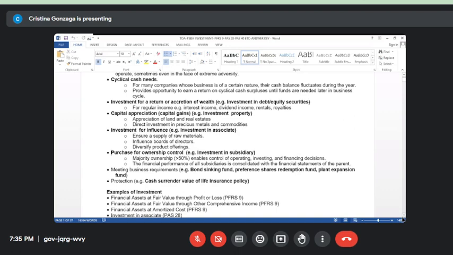So it enables control of operating, investing, and financing decisions. No? So the financial performance of all subsidiaries is consolidated with the financial statement of the parent. Di ba? Okay, so the purpose of the investment is to control.